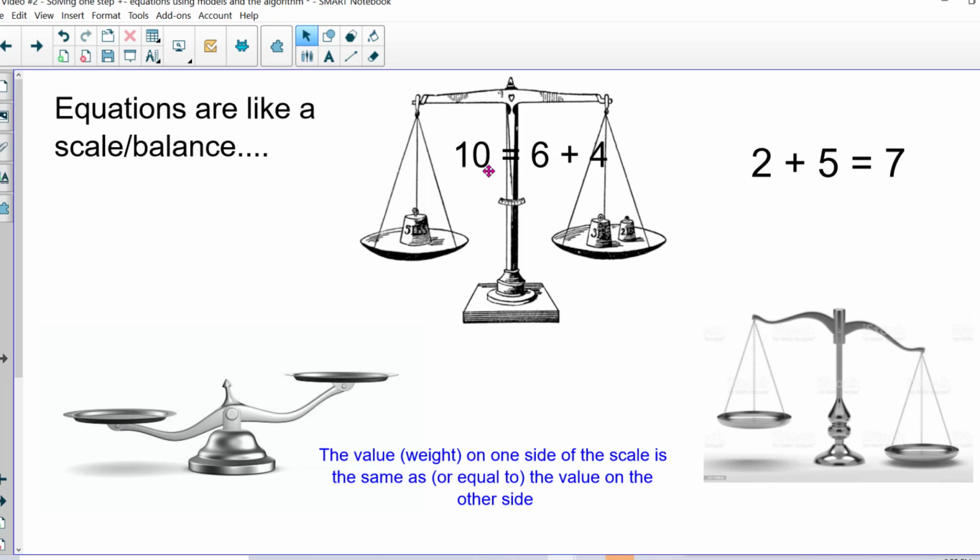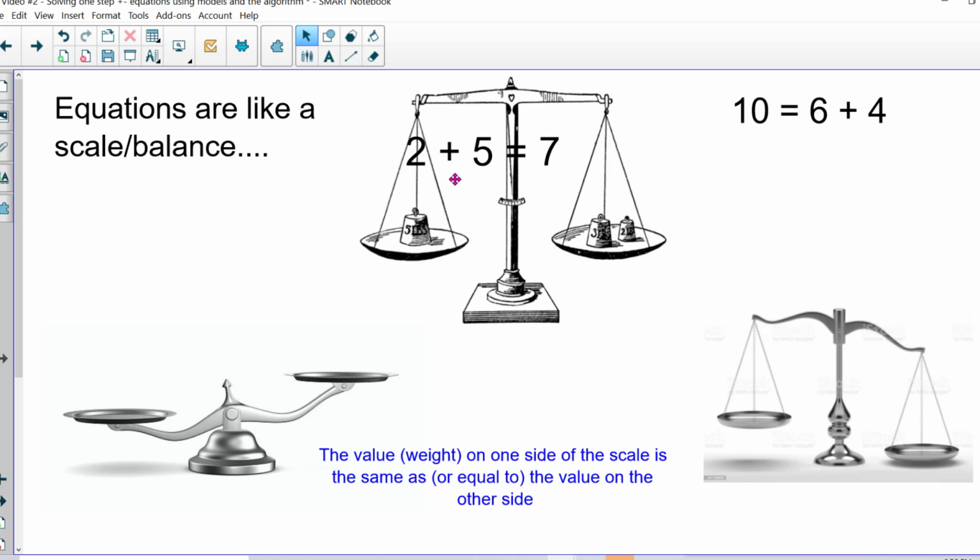So in this case, what's on one side of the equal sign of the equation, 10, is balanced with what's on the other side, 6 plus 4. Even though they're different numbers, they do have the same value, right? Just like a balanced scale. And it doesn't matter which one has more numbers on the other side, as long as what's on the left side has the same value as what's on the right side.